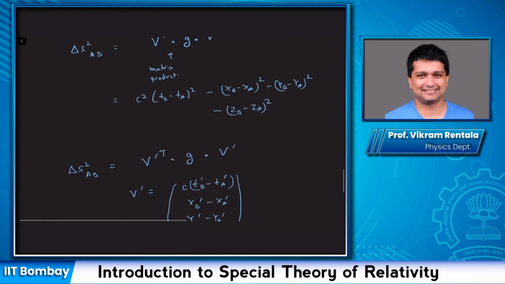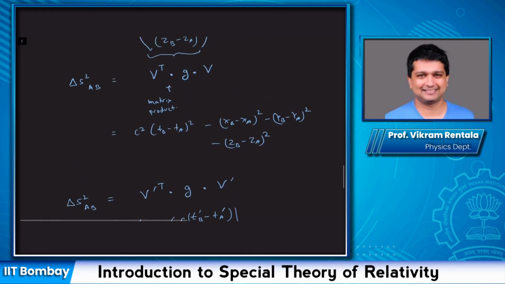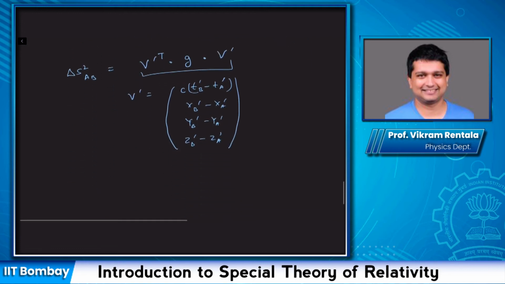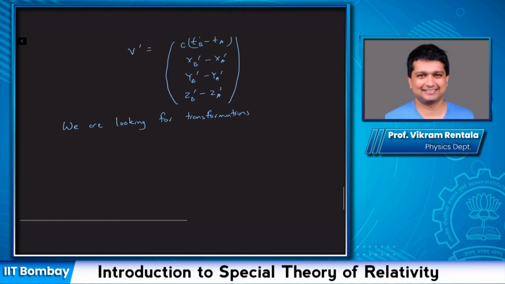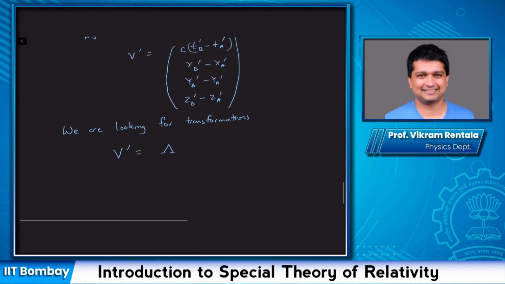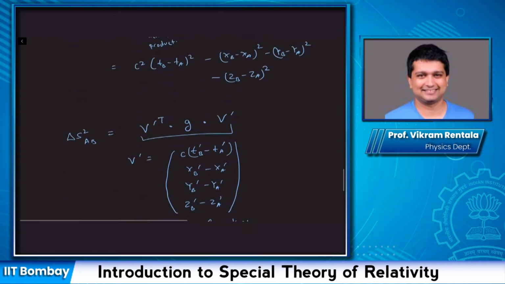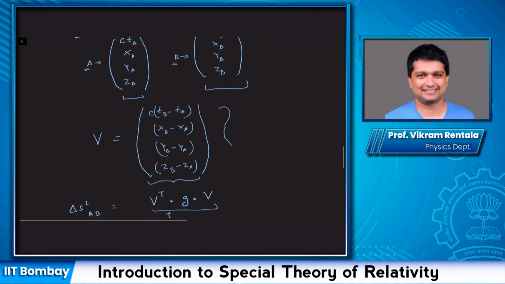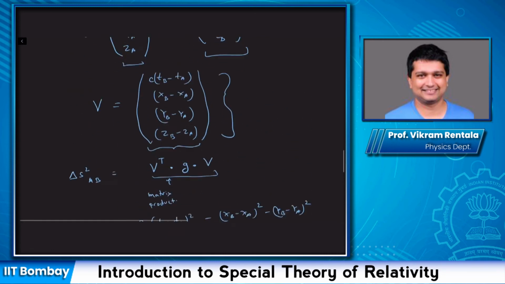Okay, so now what we're seeking, to put it in this mathematical language, is we are looking for transformations so that we get column vectors V prime, which are related to column vectors V. Okay, so V being this kind of column vector, the difference between two spacetime points.